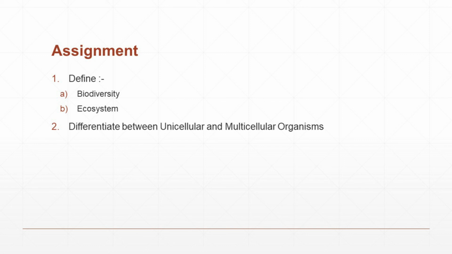Definition you have to write for biodiversity and ecosystem. The second question is differentiate between unicellular and multicellular organisms. These are the two questions given to you. So neatly write it in your notebook. Repeatedly watch this video and understand the lesson properly.